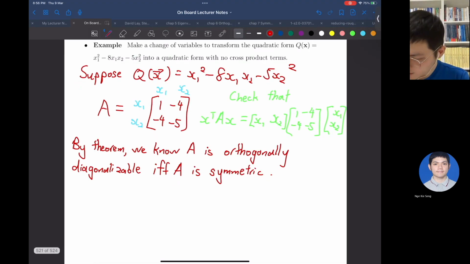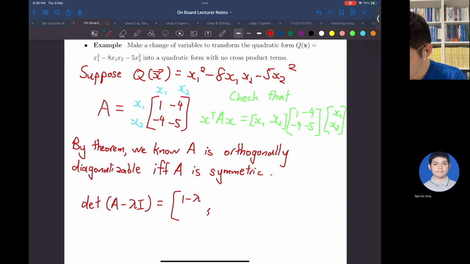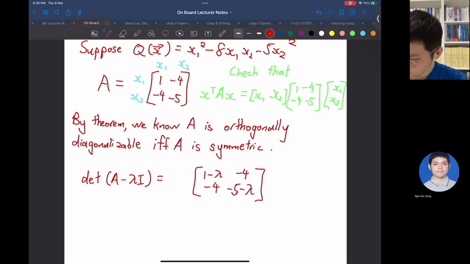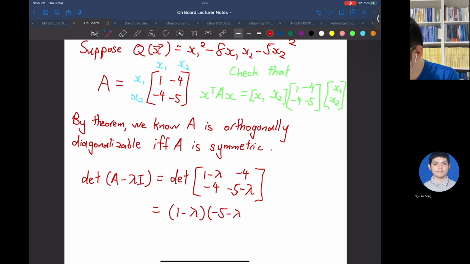So let's compute the determinant of A minus lambda I, which we get 1 minus lambda and minus 5 minus lambda on the diagonal and off diagonal we get minus 4. Let's compute the determinant of this matrix here, where we get (1 minus lambda) times (minus 5 minus lambda) minus 16.